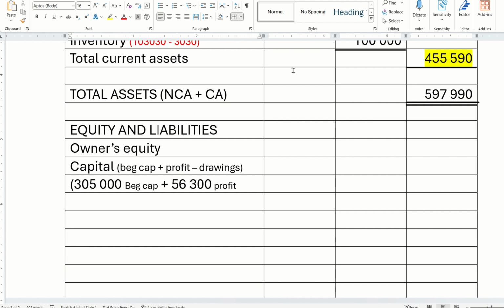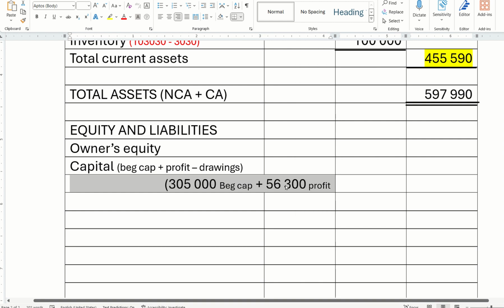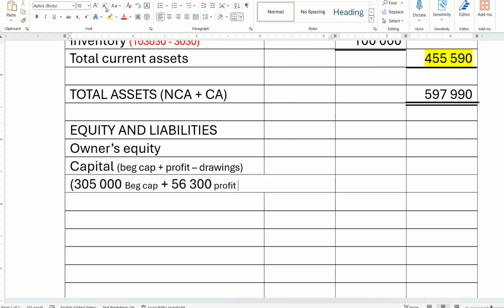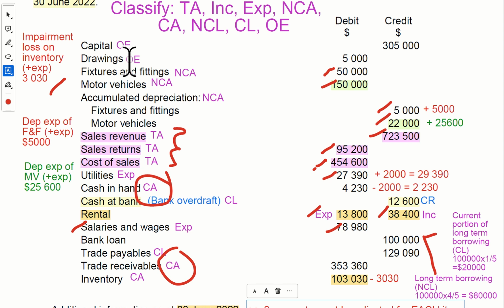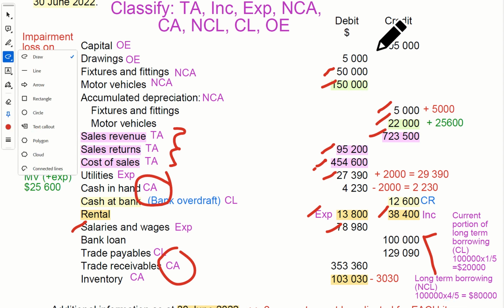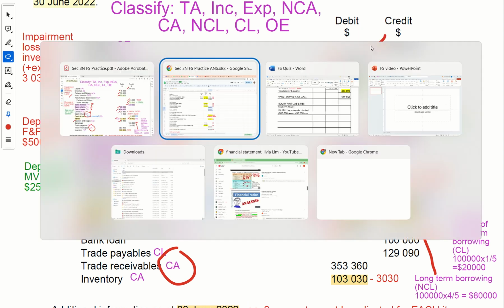And finally, I am going to add in, or rather minus away my drawings. So I minus drawings. And what is my drawings? I go back to my trial balance and I find my drawings here, 5,000. So I've used this number and this number, 5,000.